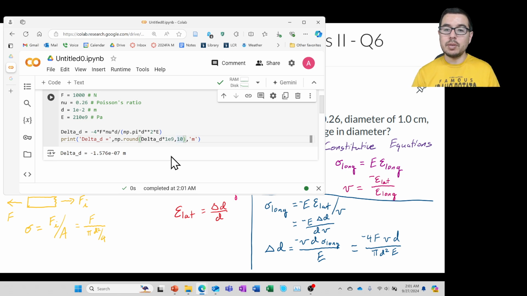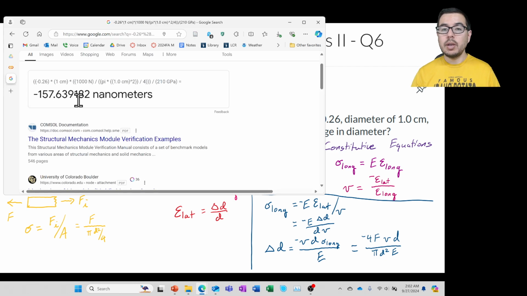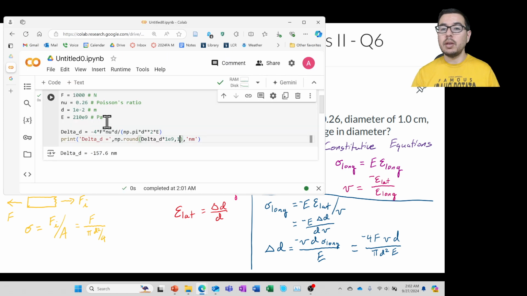I guess I can leave it and I'll change this to nanometers. That's a little bit absurd, but just one decimal place would have been sufficient. So minus 158 nanometers. And that's what we got when we used Google.